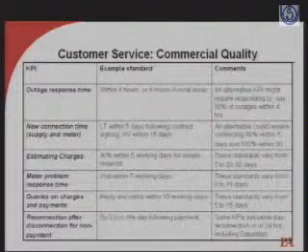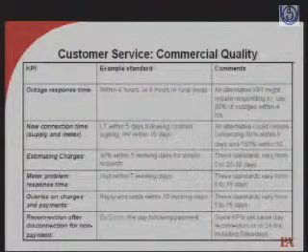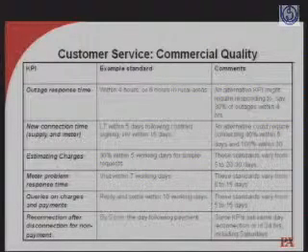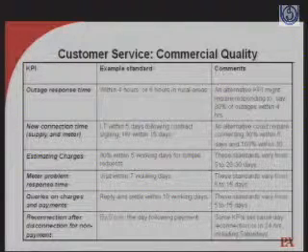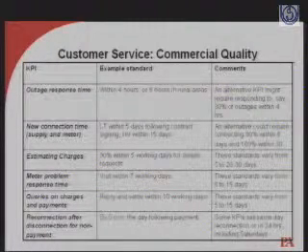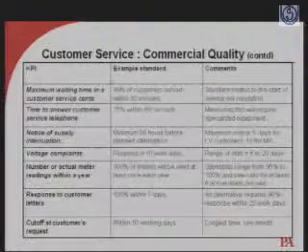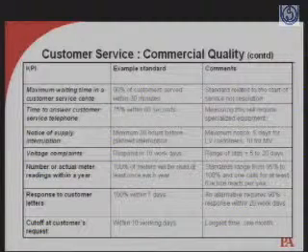So whenever a consumer comes to you, your moment of truth comes. Each and every transaction is a moment of truth for you. So each and every transaction should be monitored and measured to improve your quality of service and supply. Similarly, the maximum waiting time in a customer service center.